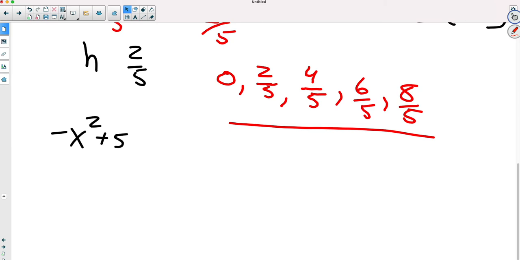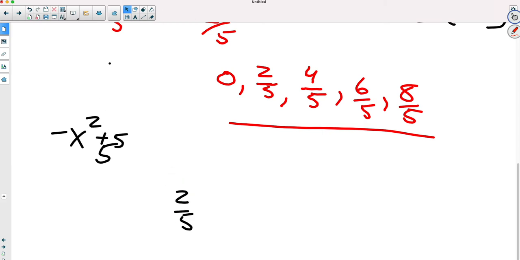You're putting in a 0. Good. So the first rectangle has a height of 5 and a width of 2/5. That's the first rectangle. Okay?